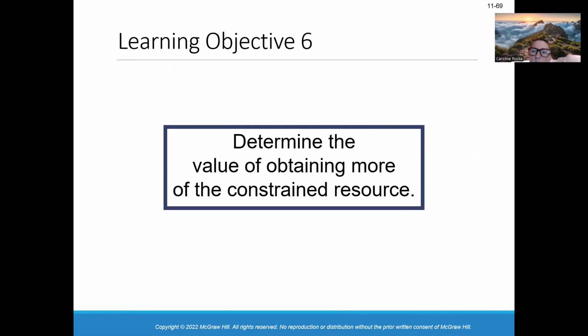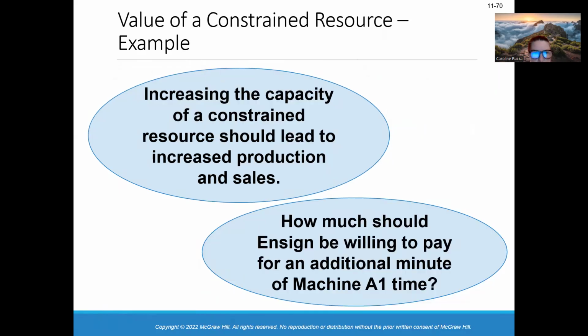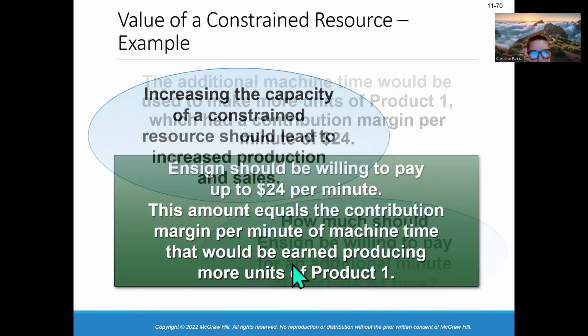Okay, so what if we eased that by obtaining more of the constrained resource? If we increase the capacity of a constrained resource, it would lead to increased production and sales, right? So how much should you be willing to pay for an additional minute of A1 time? All right.